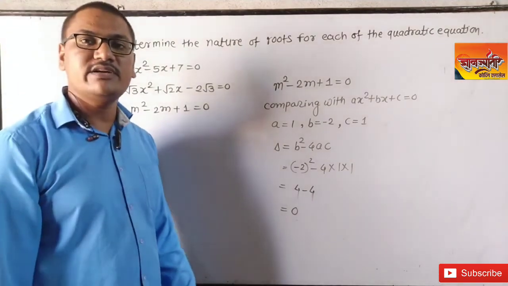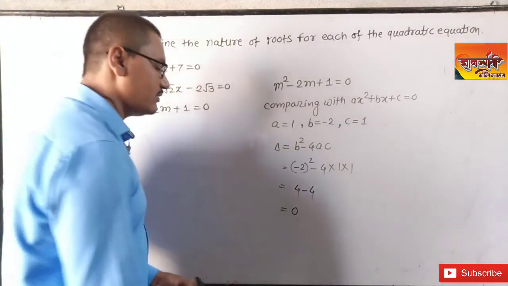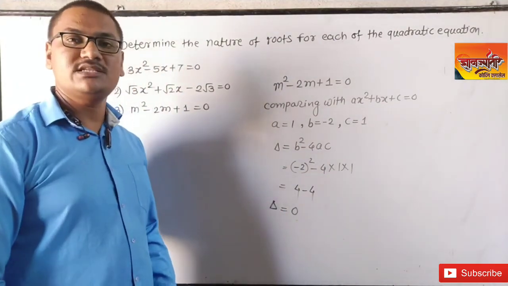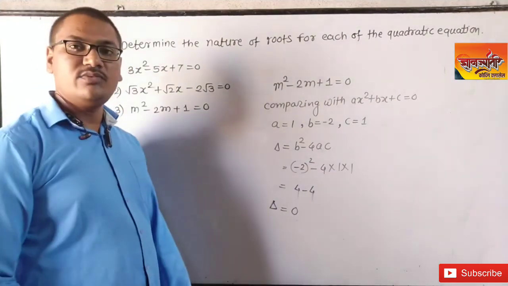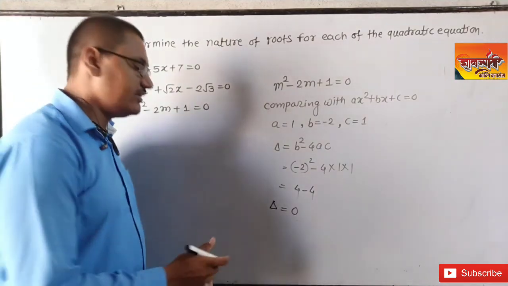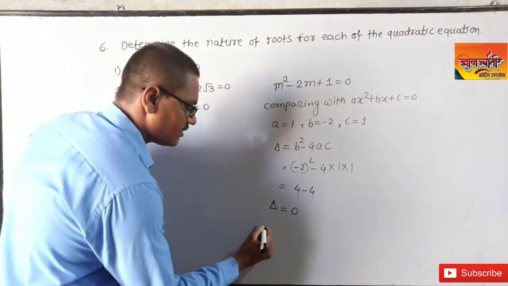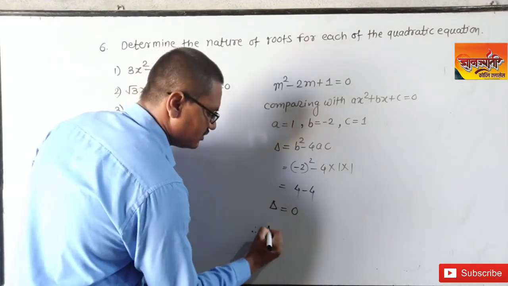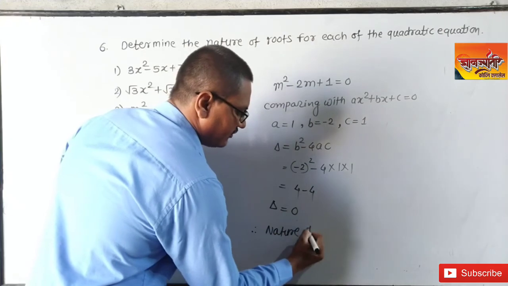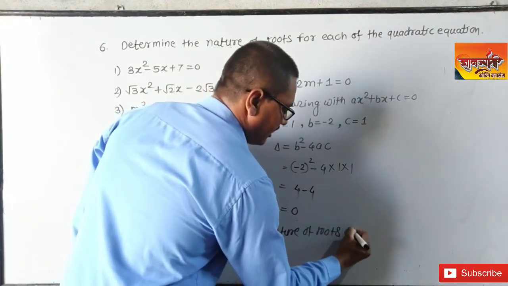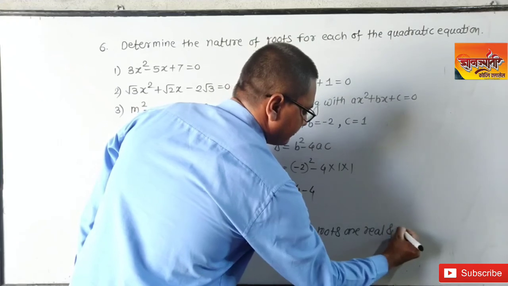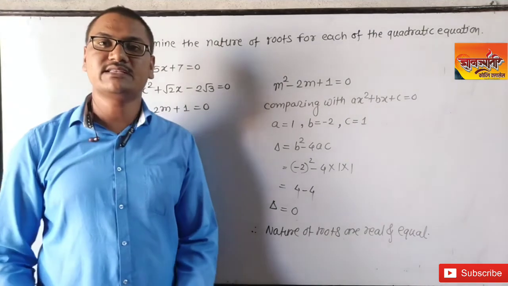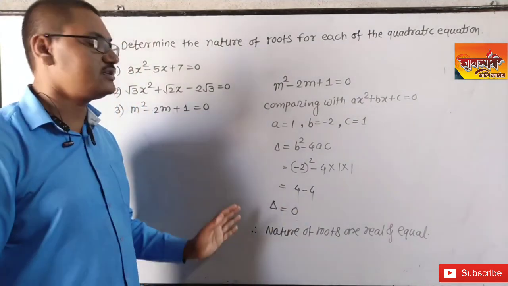In this equation the condition is delta is equal to 0, which means the value of the discriminant is 0 and the second condition is verified. Since b square minus 4ac is 0, the nature of roots are real and equal.